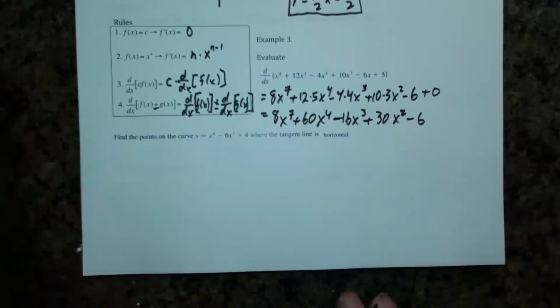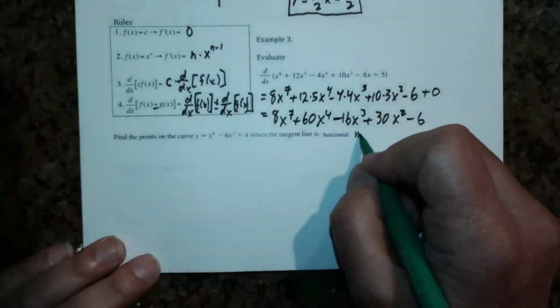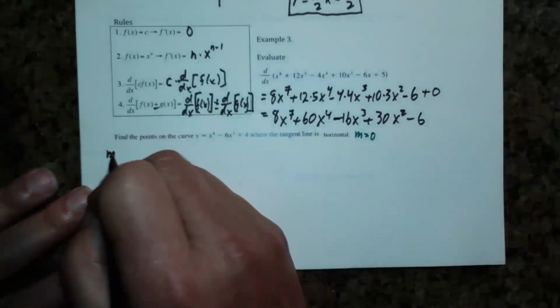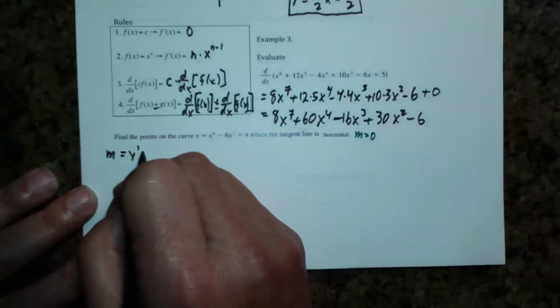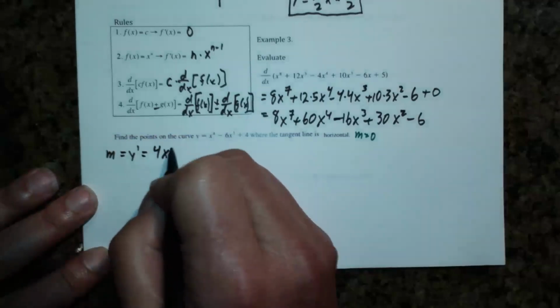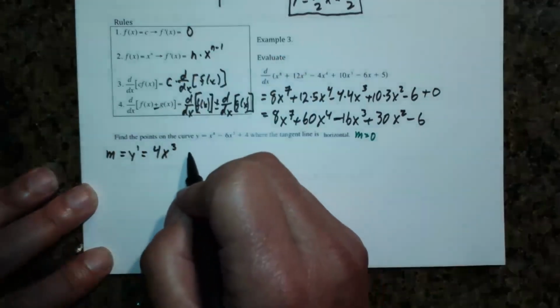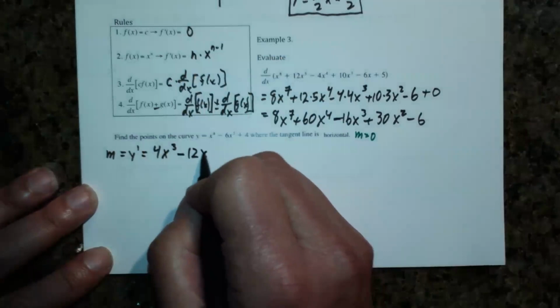All right. The next example. Find the points on the curve y equals x to the 4th minus 6x squared plus 4, where the tangent line is horizontal. If you remember, horizontal means that the slope equals 0. So let's find the slope using our rule here. Minus 12x.